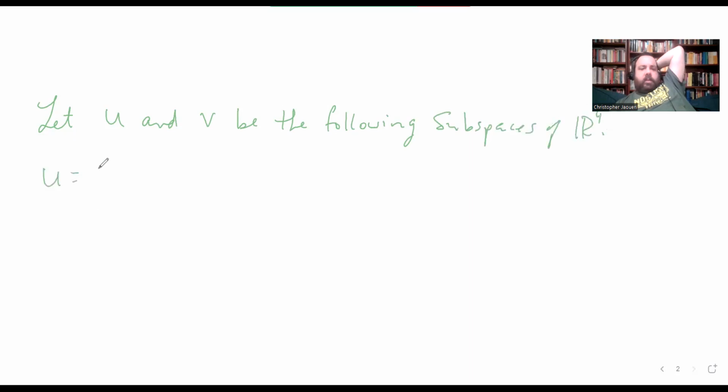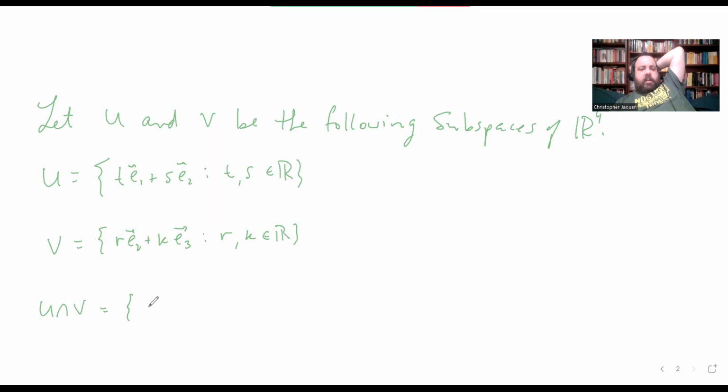So here we could let U equal, for example, t e1 plus s e2 for t, s in R. And let's say V is r e2 plus k e3, I guess, where r, k are in R. Then if you look at U intersect V, you actually get the set, let's say t e2, t in R. And that's a subspace of R4.